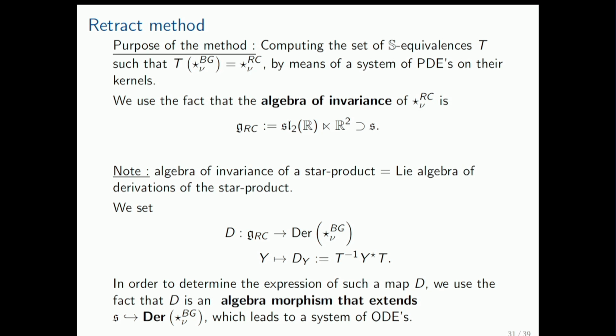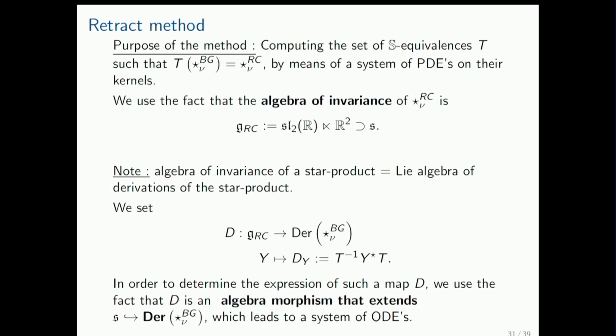Roughly speaking, the idea is to use an equivalence to transform one star product into another. For the Rankin-Cohen construction, we know that we have a certain invariance. You can look at this invariance at the level of the algebra.